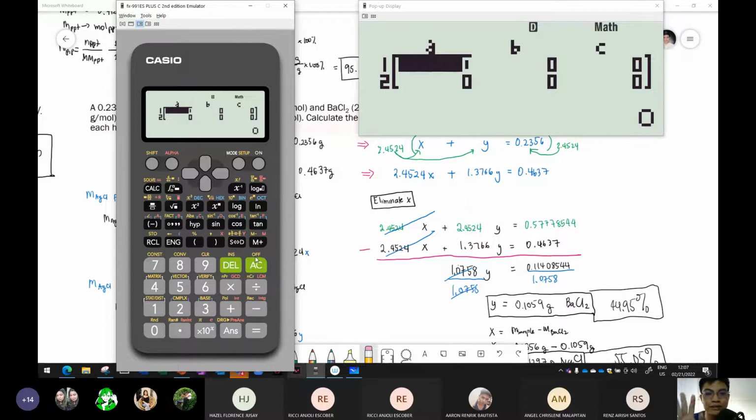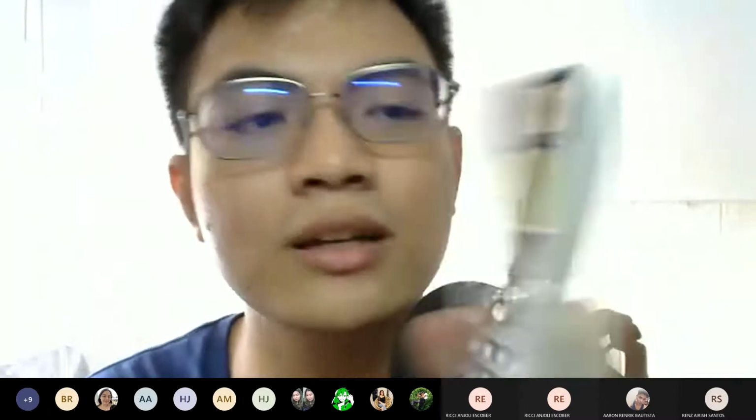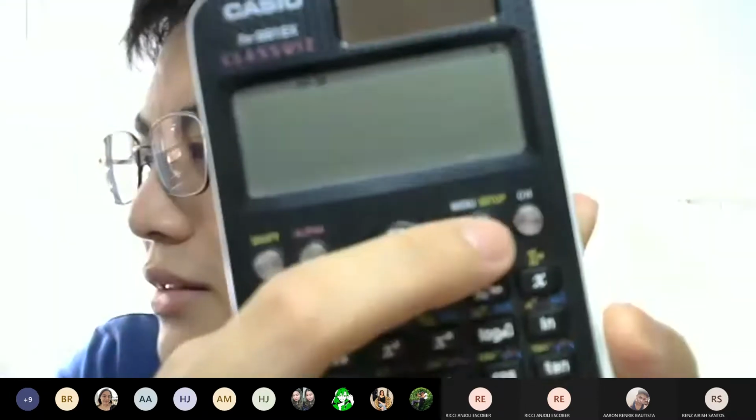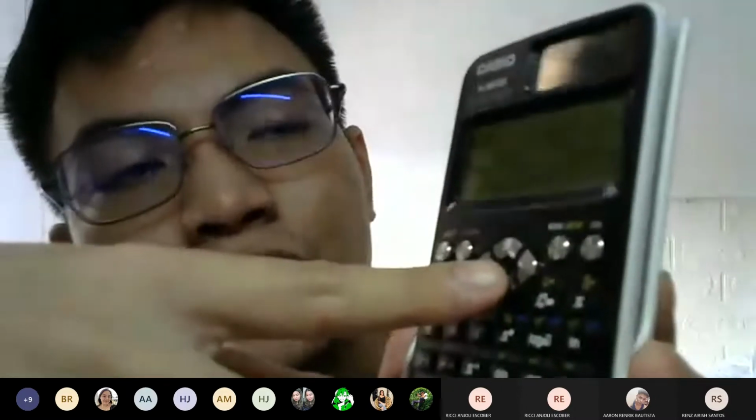Before I proceed, for those using the class quiz calculator, I will teach you first. I'll turn off sharing for now. This is your calculator. Press mode. When you press mode, there are a lot of options with pictures. Press the down button twice until you see this logo, the xy equals 0.